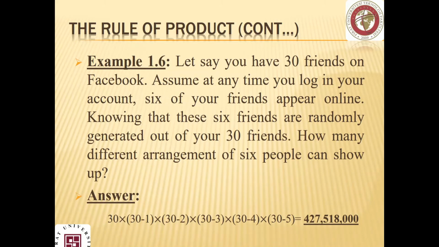This one also has an idea, and I would like to explain it now so that later on, when we explain permutation, you'll understand what I'm saying now in a better sense. Let's say you guys actually like social media in general. So let's say you use Facebook, and you have 30 friends on Facebook.